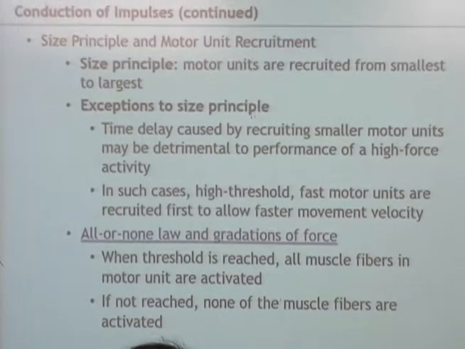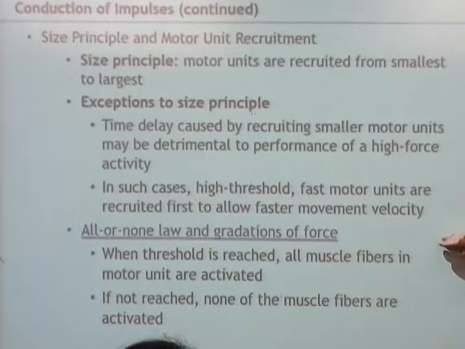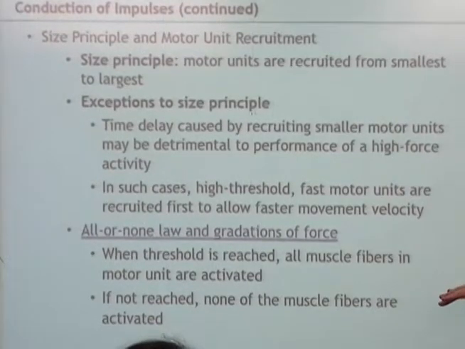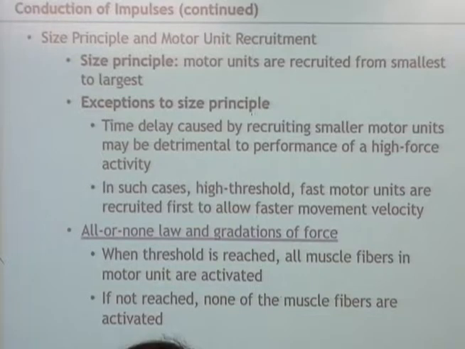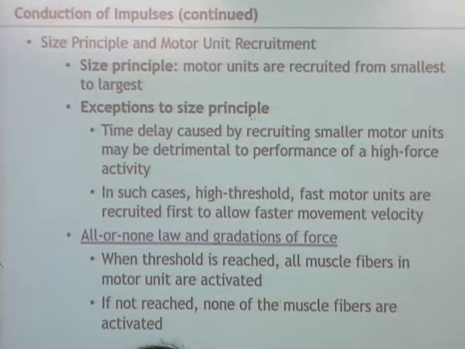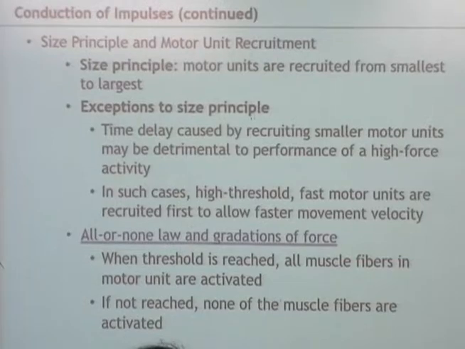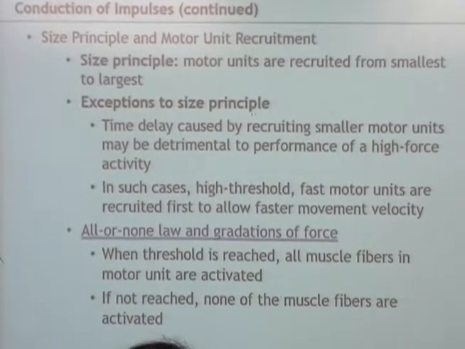And every single fiber that is attached to that nerve, that's synapsing with that nerve, will contract. So, all or none. All the fibers in the motor unit are activated, or none of the fibers in the motor unit are activated. There's either enough signal to stimulate acetylcholine, or there's not going to be.